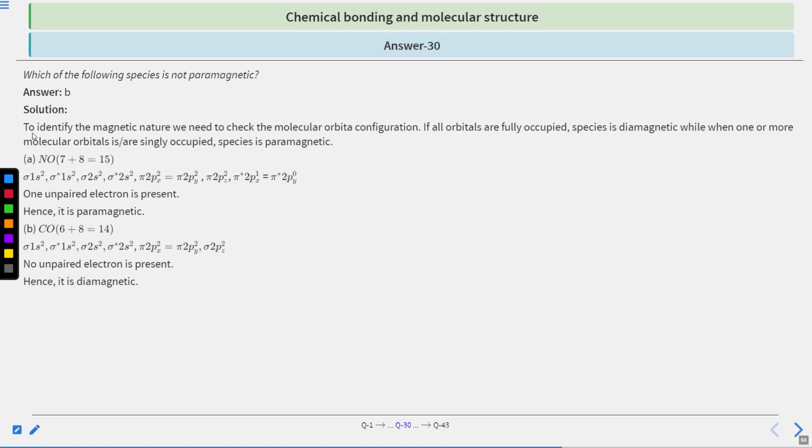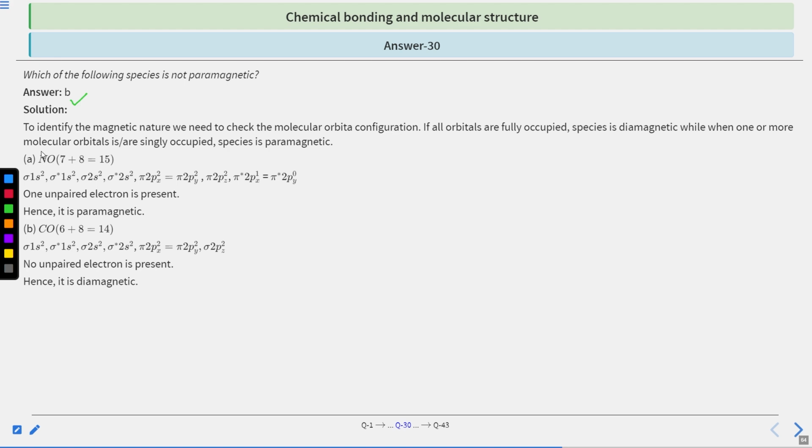Okay, so the correct answer will be option B. To identify the magnetic nature, we need to check the molecular orbital configuration. If all orbitals are fully occupied, the species is diamagnetic, while when one or more molecular orbitals are singly occupied, the species is paramagnetic.